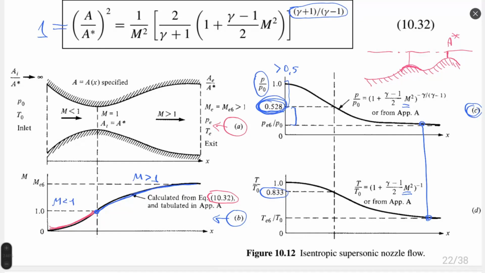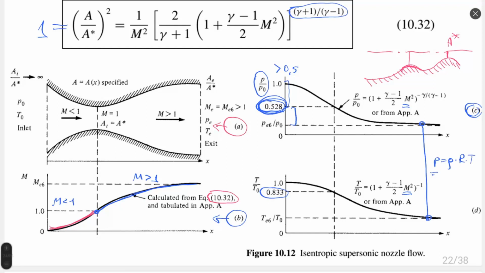If you are interested in calculating density, you can also use the density function for isentropic flow, which is similar to the functions presented here, and they are also included in Appendix A. Also, instead of the isentropic function, you can just use the equation of state, which is pressure equal to density multiplied by gas constant and multiplied by temperature.